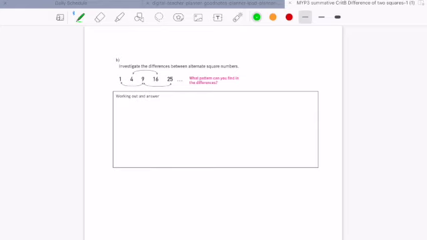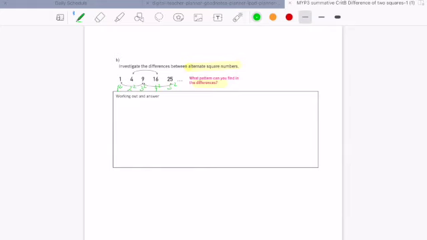Question number 2 asks you again to investigate the differences between now alternate square numbers. So you're always skipping one. We're looking at this one and this one, not the one in between. We're looking at this one and this one, skipping the 9. So let's have a look here. Alternating square numbers. So 1 squared is 1, 2 squared is 4, 3 squared is 9, 4 squared is 16, 5 squared is 25.